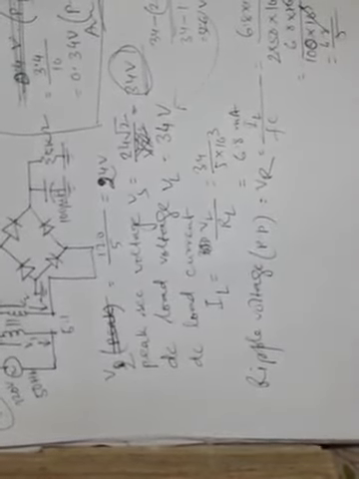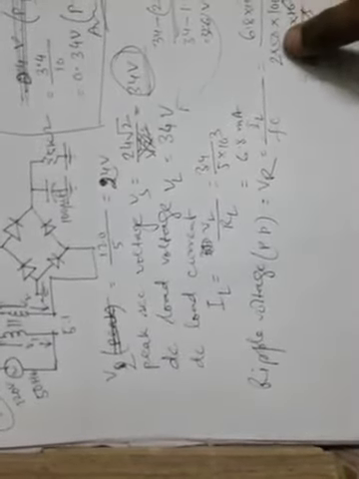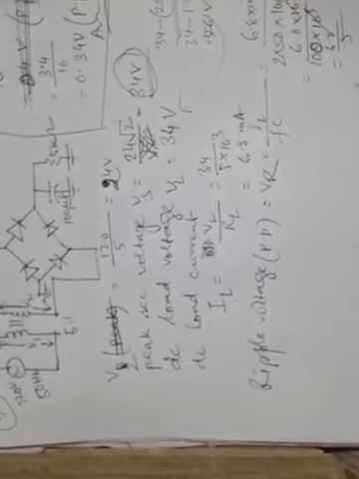One thing I have missed: a bridge rectifier means it will give the full wave output, that means the frequency will be doubled. So I have missed this 2, 50 should be multiplied by 2, so this should be 100 actually. So in the numerator 6.8 into 10 to the power minus 3, and in the denominator it is 100 into 100, that is 10 to the power 4. 6.8 into 10 to the power minus 3 by 10 to the power 4 into 10 to the power minus 6.